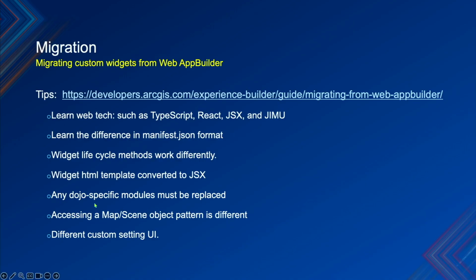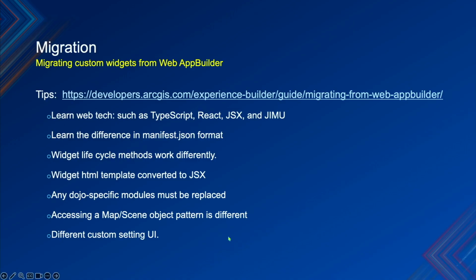And any Dojo-specific modules must be replaced, as Experience Builder does not support that. And the pattern for accessing a map or scene object is different in Experience Builder, since you can now have multiple maps or scenes in a single experience, whereas you can only have one map per Web AppBuilder app.